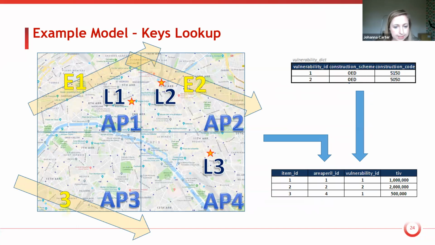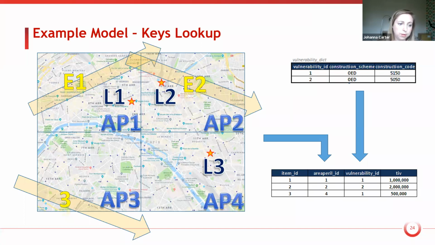And what happens in a data pre-processing step before the main model execution is that the exposures get sent to a keys lookup process. And the keys lookup process returns an area peril ID and a vulnerability ID for each location.